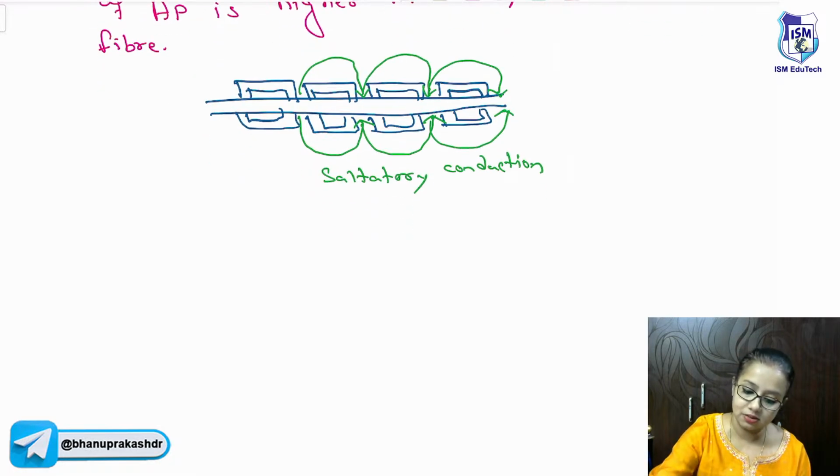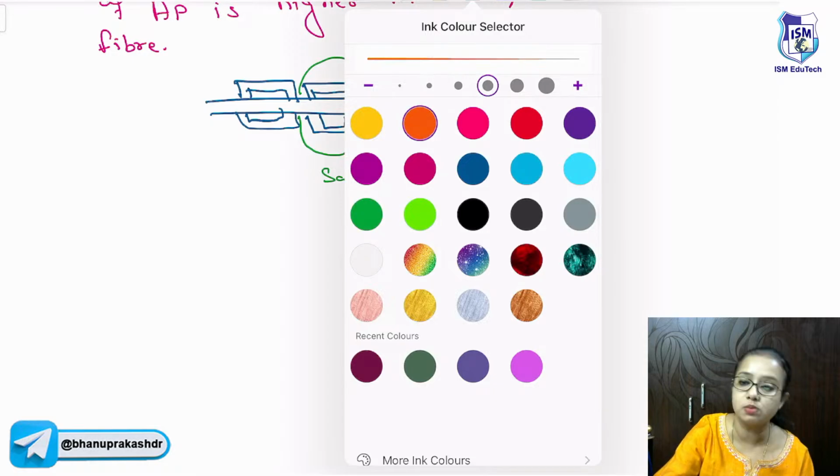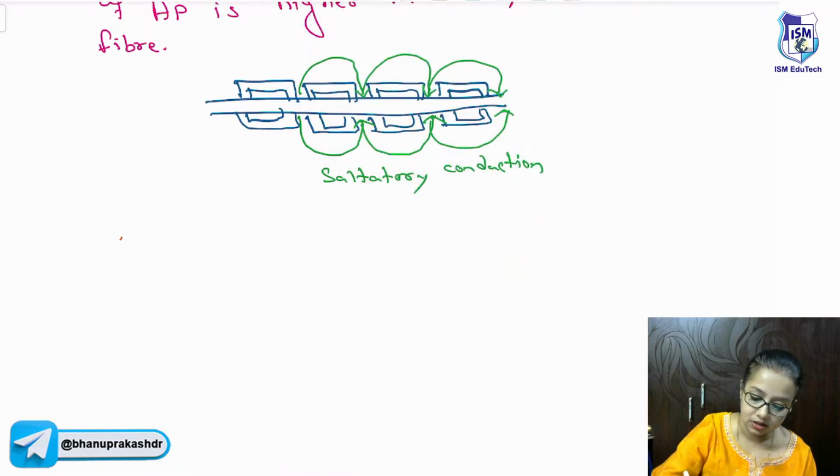On the side, we will also remember a few more points related to conduction, and then we'll go right back to the action potential.